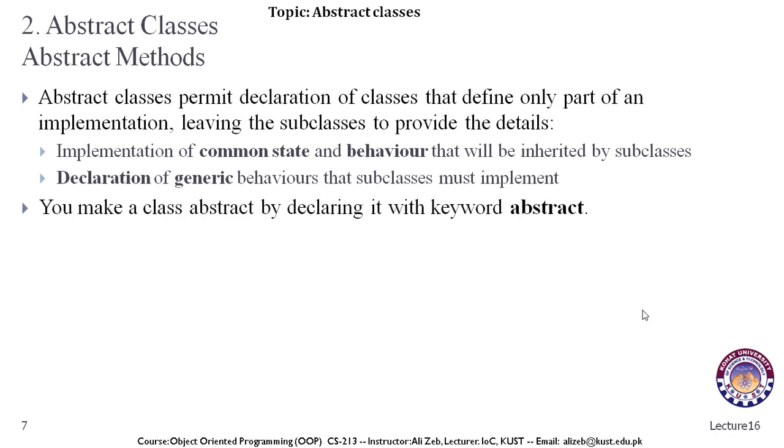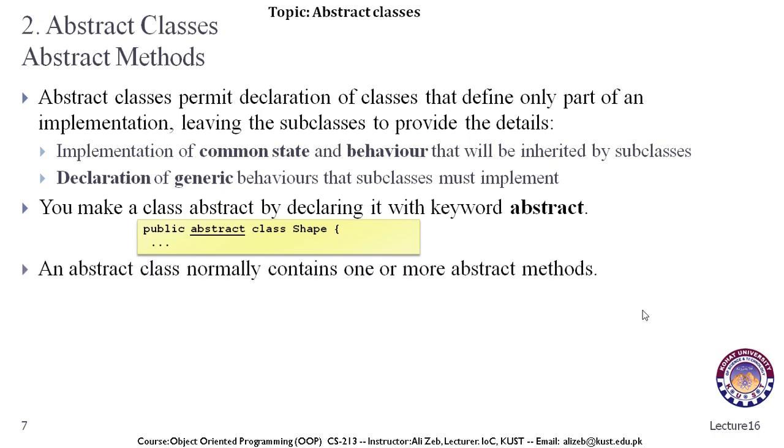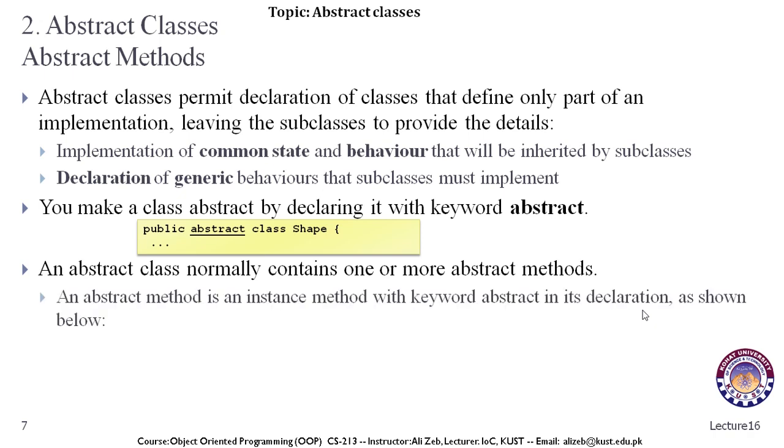We make a class abstract by declaring it with the keyword abstract, as we saw in the example. We can make a class abstract by writing the abstract keyword in the declaration of that class: public abstract class Shape. An abstract class normally contains one or more abstract methods.